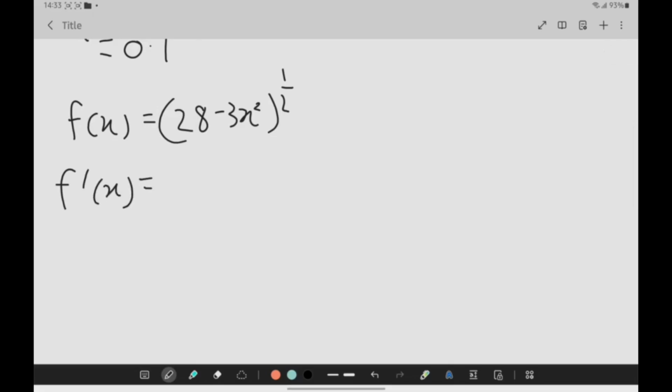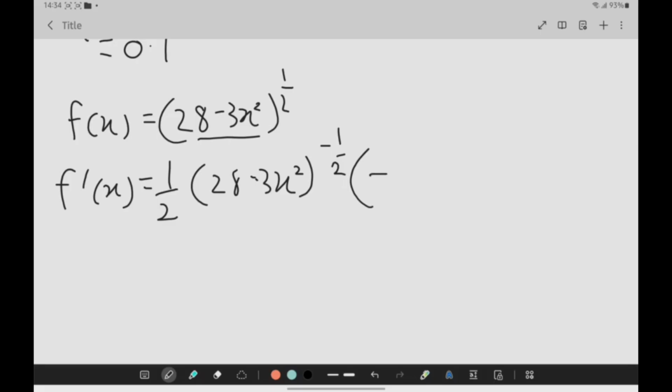You copy this back, subtract 1 from the power, and then differentiate the inside to get negative 6x.